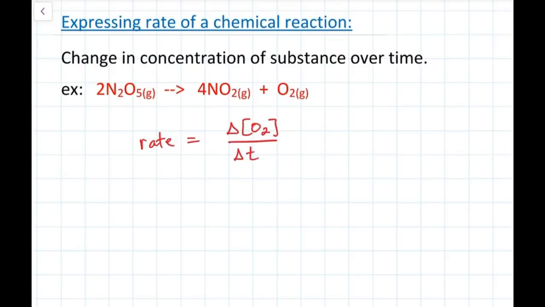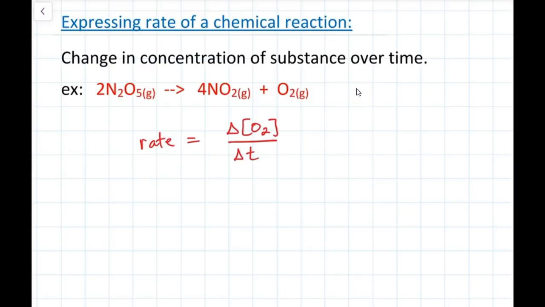And sometimes you'll see the delta T, change in time. Obviously, time is always changing. So if I say over time or over change in time, it's pretty much the same thing. So this would be something that's increasing over time because oxygen is being produced from time equals 0 until time equals 5 seconds or 10 seconds or whatever it is. You're going to have an increase in oxygen because oxygen is a product.